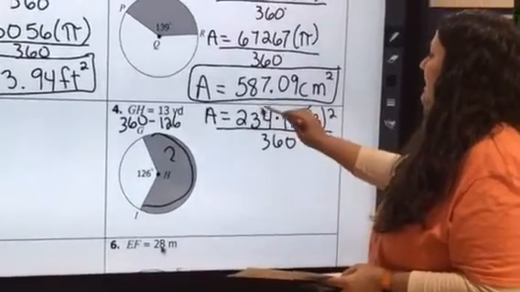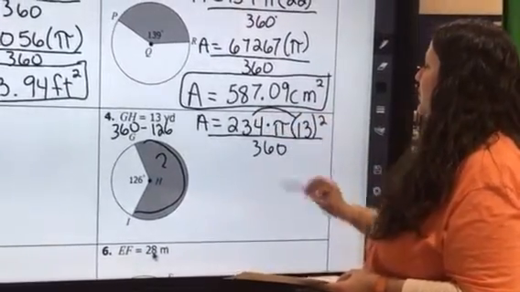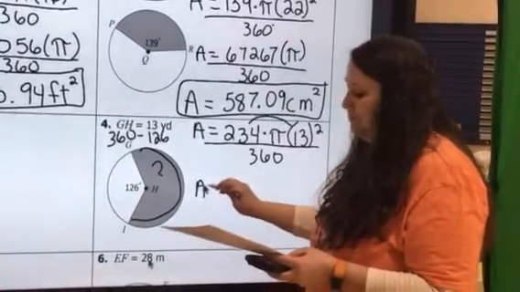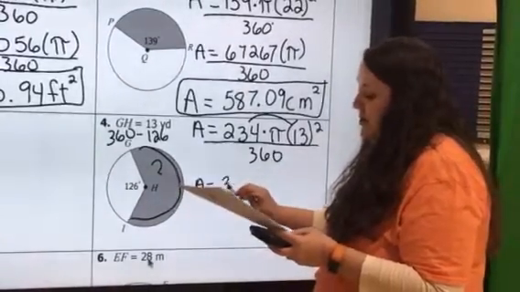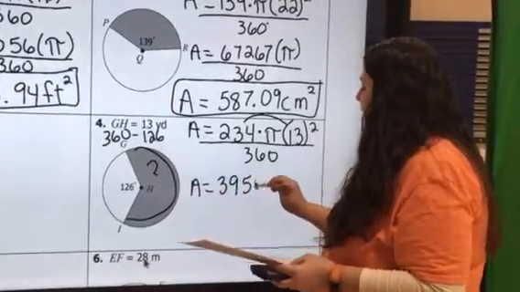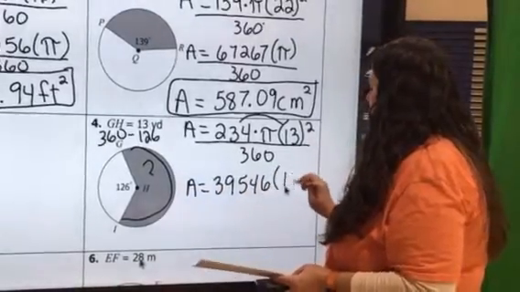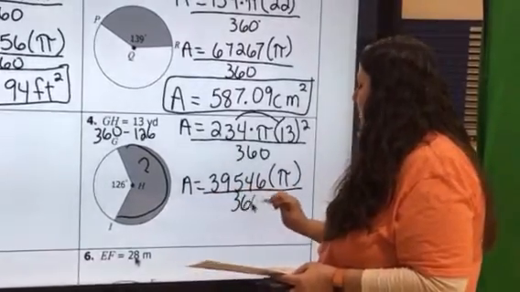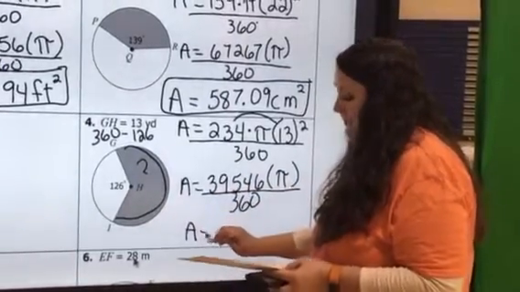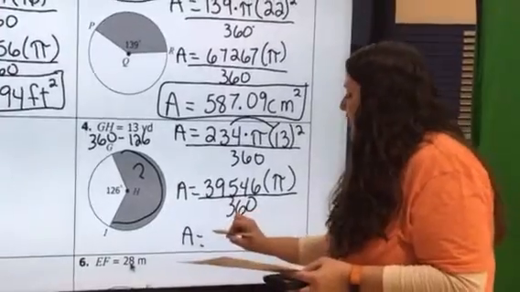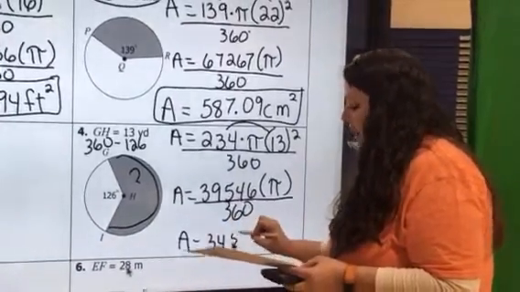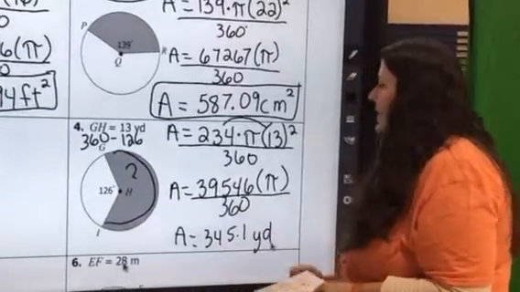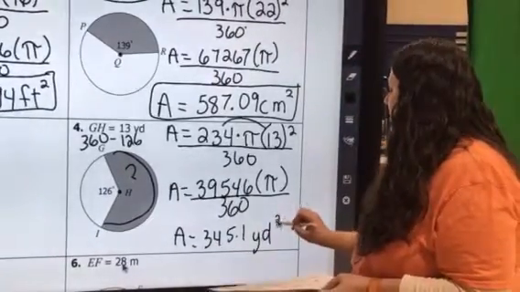Again, when I take the first times the last, 234 times 13 squared, I come up with 39,546. I multiply that times pi, divide it by 360, so our answer is 345.1. We're talking about yards, so it's yards squared.